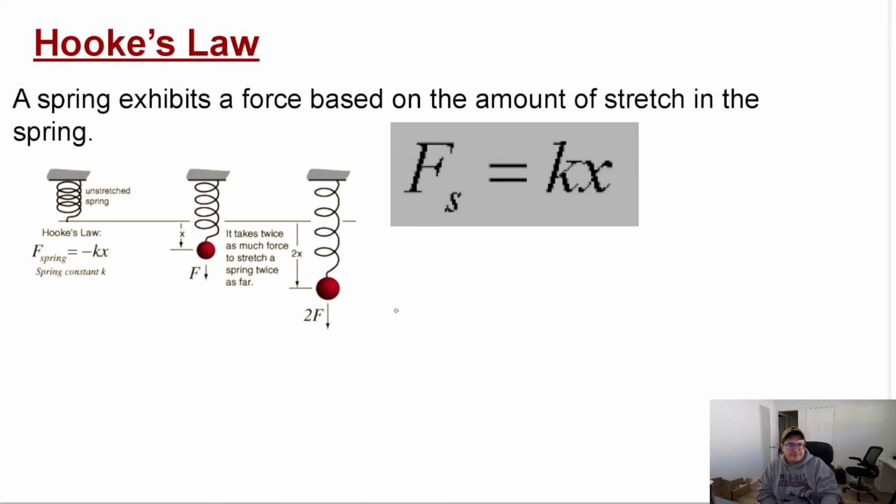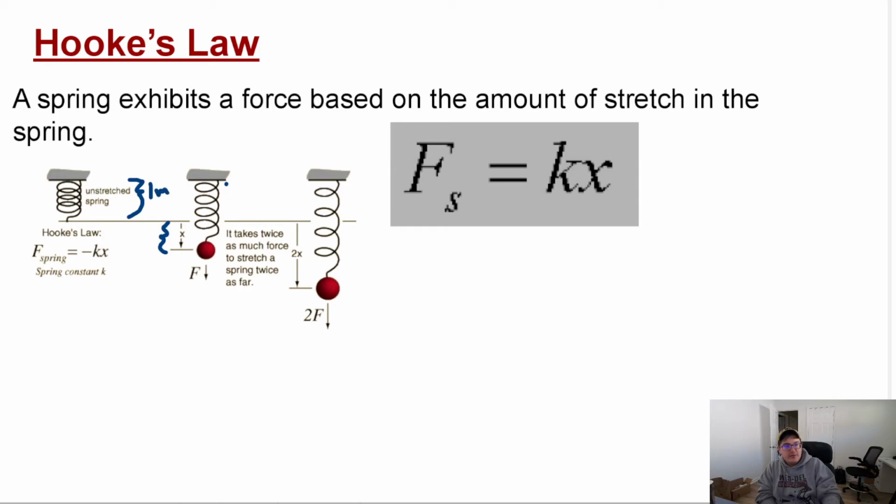Okay, so let's look at it. Well, we got a picture right here of an unstretched spring. And I want you to notice is that this x value right here is your stretch length, not how long the spring is. And so let's say an unstretched spring length of, let's say, 1 meter.